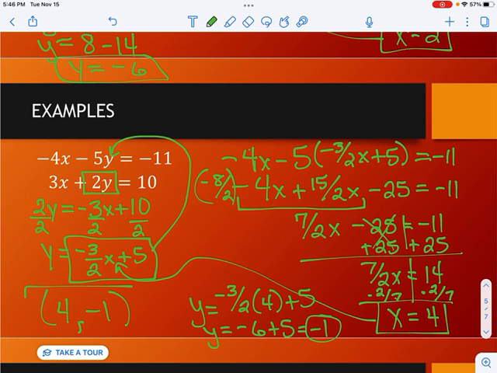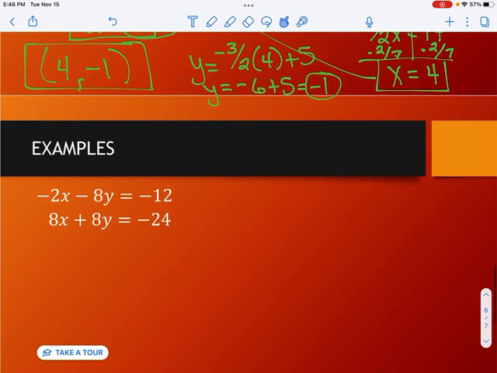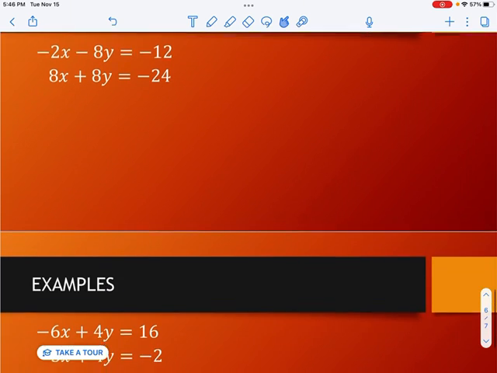So my solution would be 4 comma negative 1. Remember, if the fraction work is challenging and you're having trouble with it, remember how to punch that into the calculator, because you can do the fraction button right on the calculator and it'll do some of that fraction work for you.